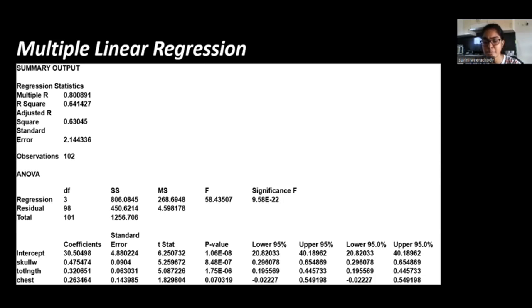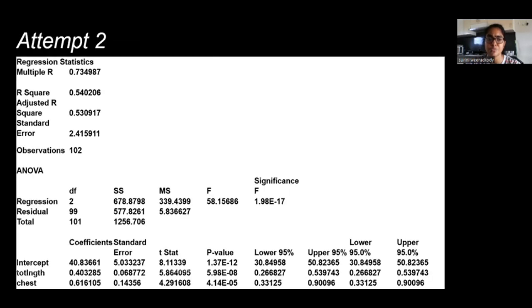Therefore, the predictor variables which showed the highest correlation with the response variable were selected when fitting the multiple linear regression model. So the multiple R is 0.80, R square is 0.64, adjusted R square is 0.63, standard error 2.14, observations 102.